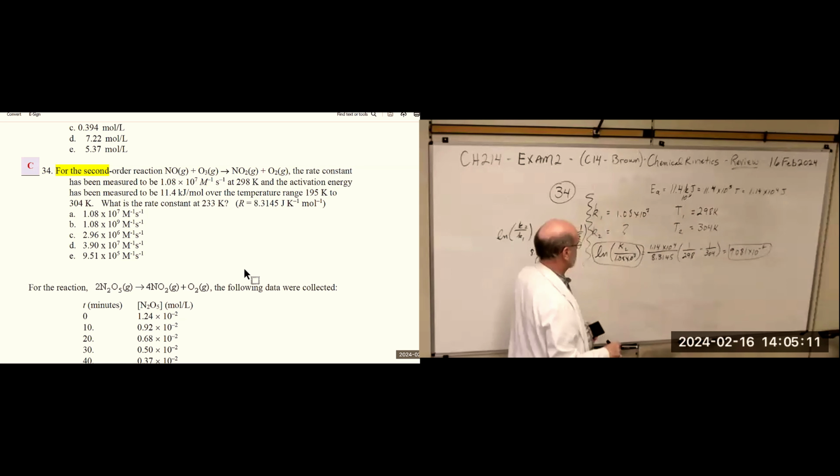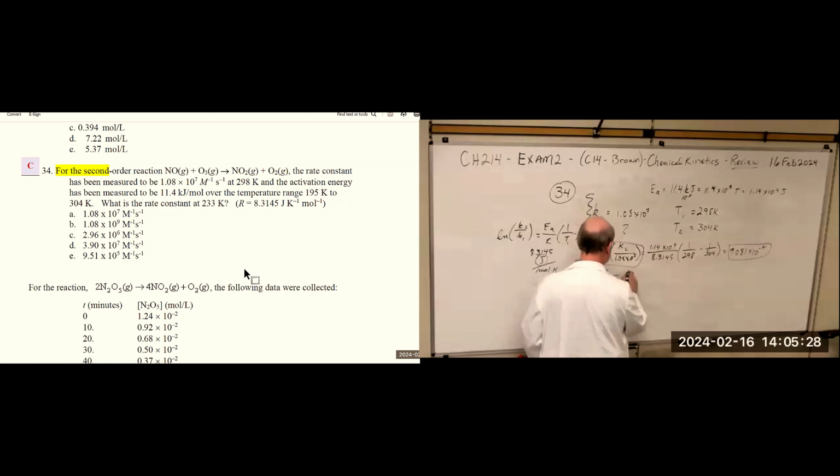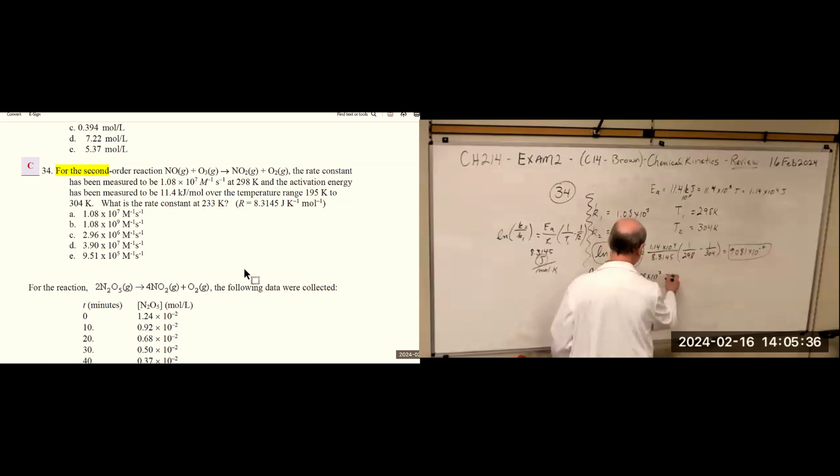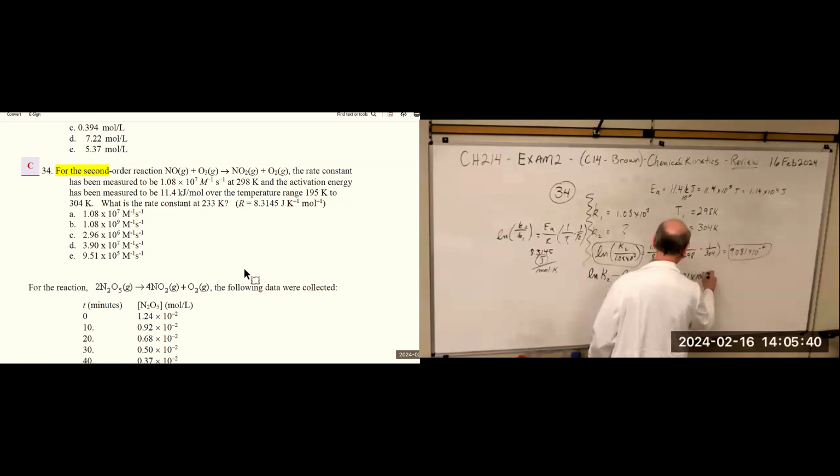How do we get that out of it? Well, remember your logarithms. The log of A divided by B is the same as log of A minus the log of B. So this would be the log of K2 minus the log of 1.08 times 10 to the 7th equals that value, 9.081 times 10 to the minus 2.